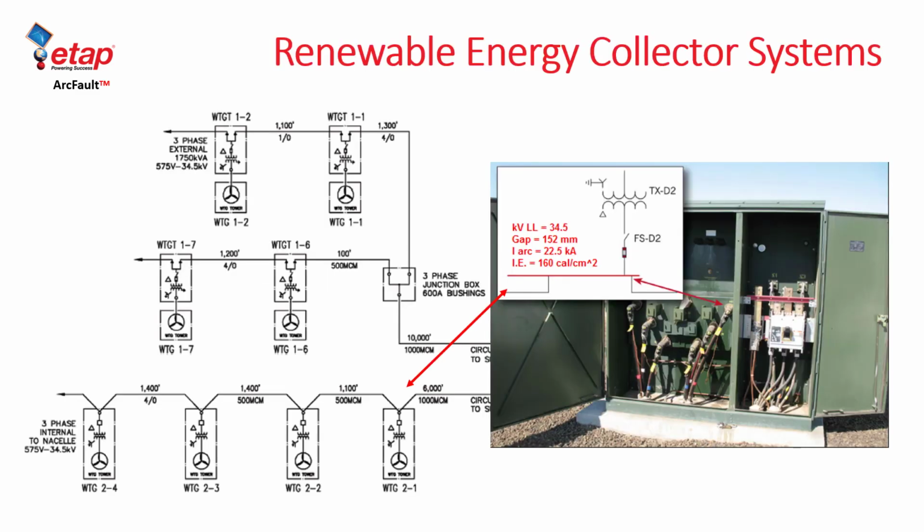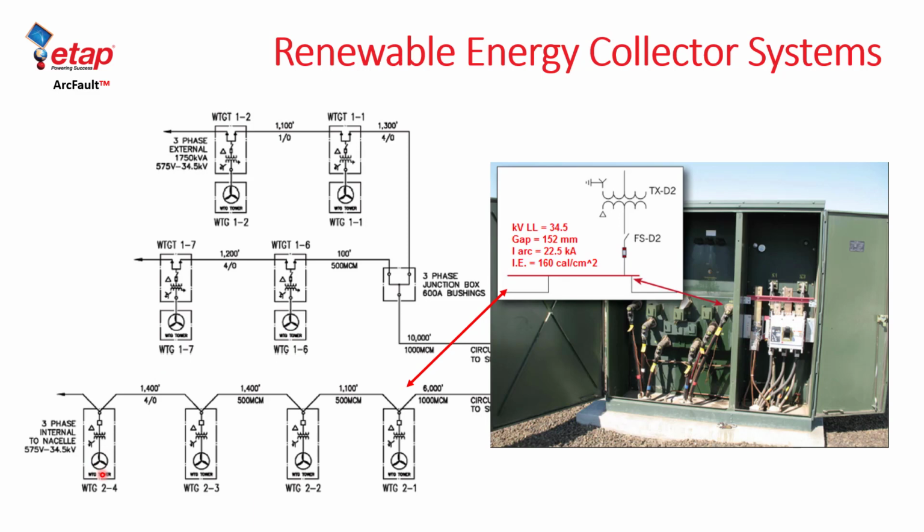As we can see in this slide, we have an example of a very common renewable energy collector system where we have each individual turbine of different sizes, for example 1 to 2 megawatt wind turbine units scattered throughout the wind farm at different locations.